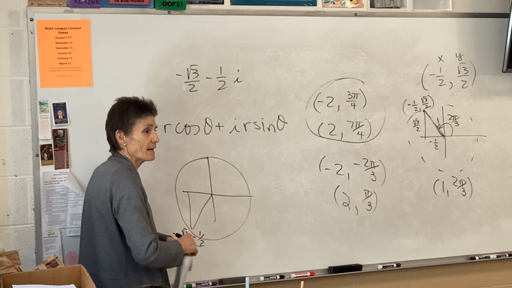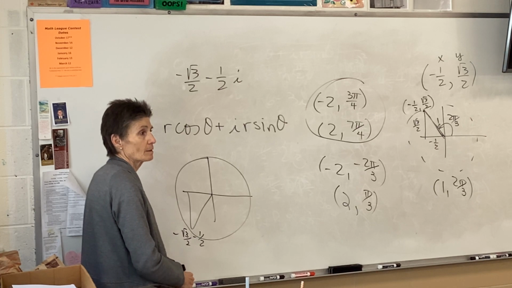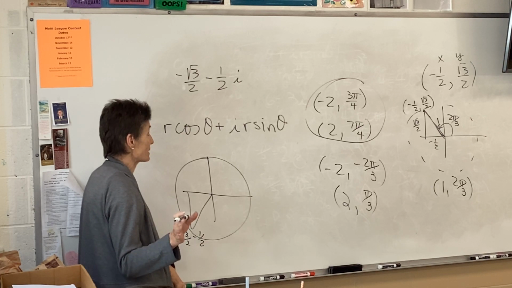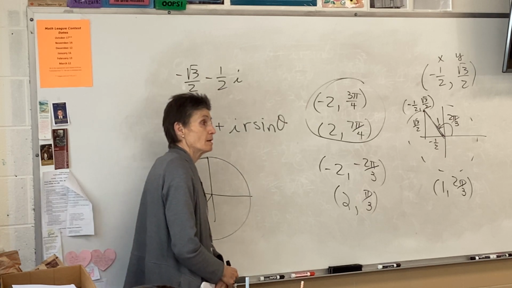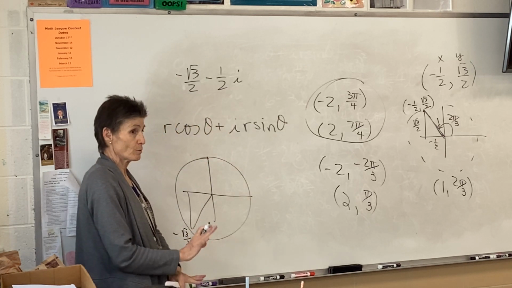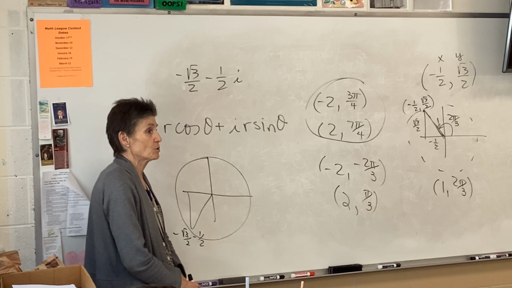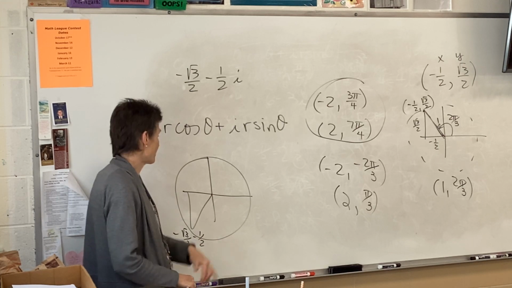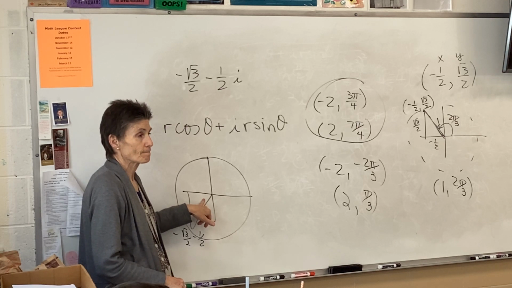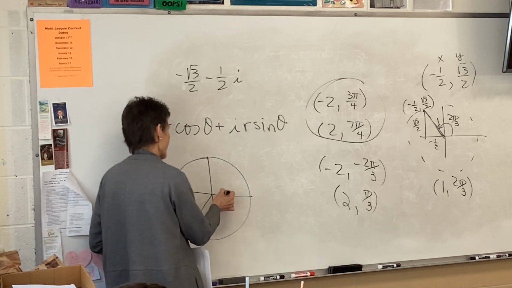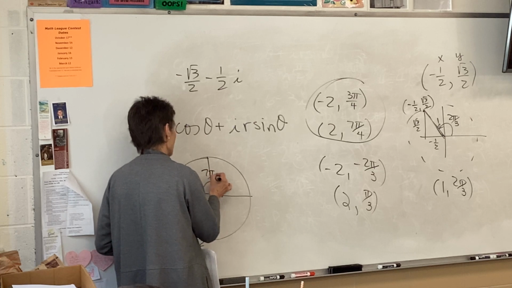How big is that angle? I heard a couple of things. I heard 4 pi over 3 and I heard 7 pi over 6. Both of those are in the right quadrant. Which one is it? I think that's a pi over 6 angle, isn't it? So 7 pi over 6 is my angle.